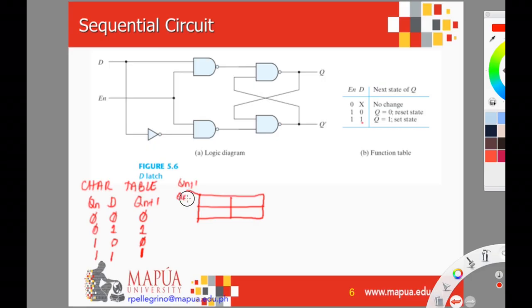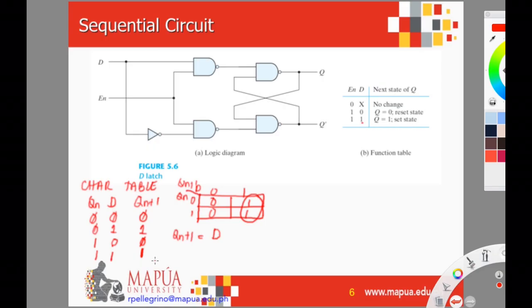Qn plus 1 is 0, 1, 0, 1, which follows the D column. So Qn plus 1 is equal to whatever the value of D, which is true, right? Whatever the value of D, that is the next state.